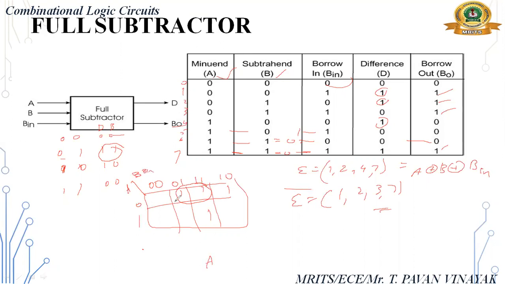This one is A bar B, right? This one is B, B in. So this is the final expression for borrow, that is B out.